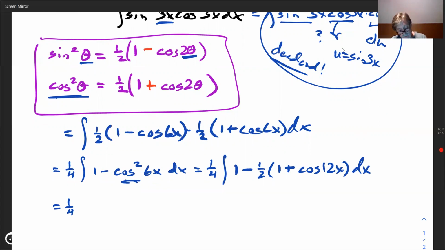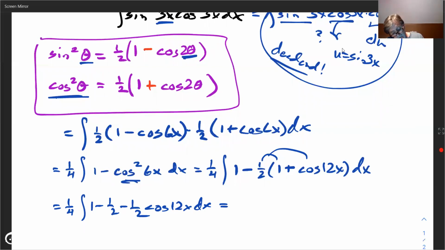I'm going to distribute the 1/2, and I'm going to collect like terms. Well, I'll show you. It goes 1 minus 1/2 cosine 12x. That's what we're dealing with. So I'll put the 1 minus 1/2 together and go, I've got 1/4. I'm going to be very careful here. 1/2 minus 1/2, and then cosine of 12x dx.